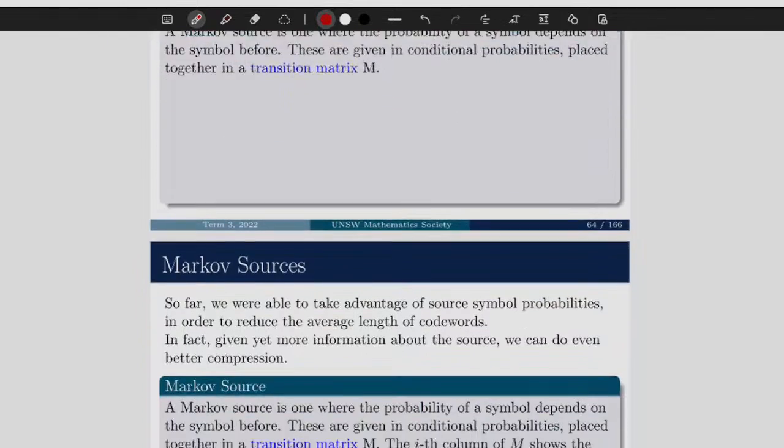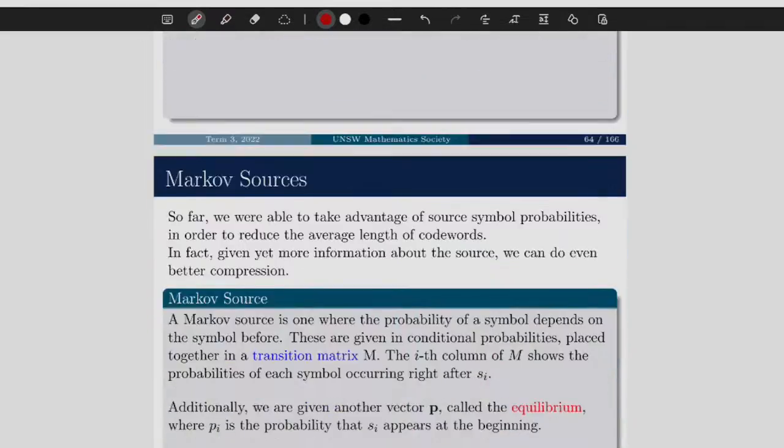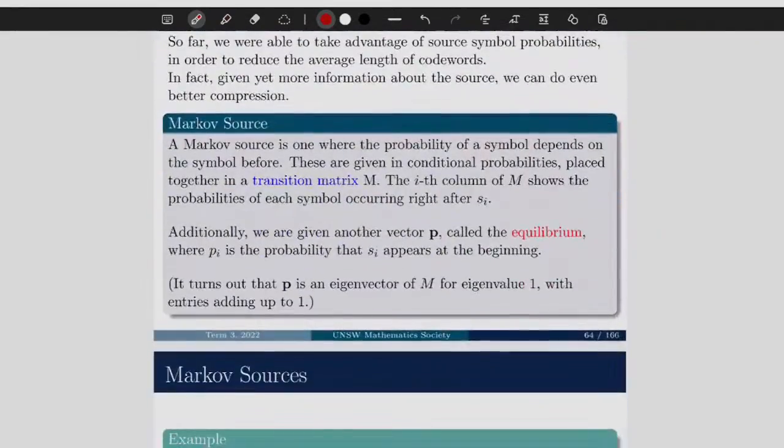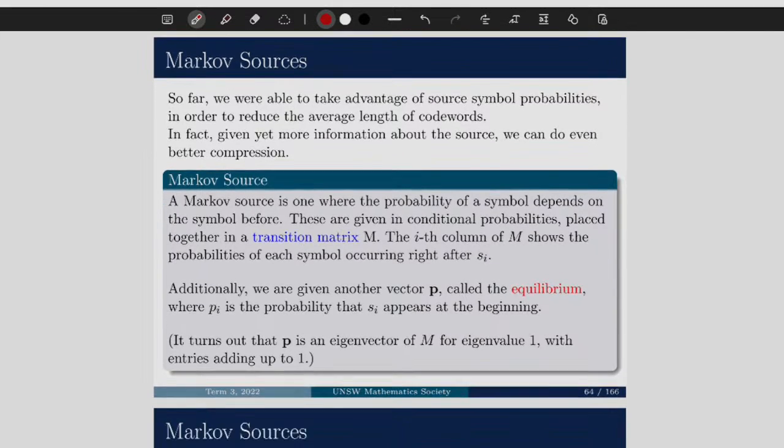And essentially what this is going to do is, when we are encoding, the ith column shows the probability of a symbol occurring right after si. And this might not make any sense right now, but I'm going to go through an example of this with a question, right? So hopefully everyone is willing to do that.